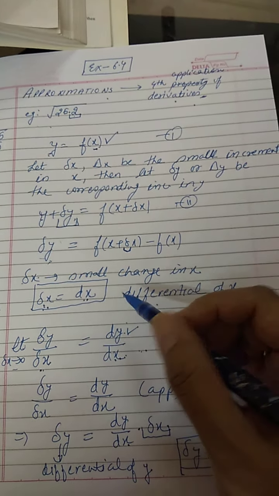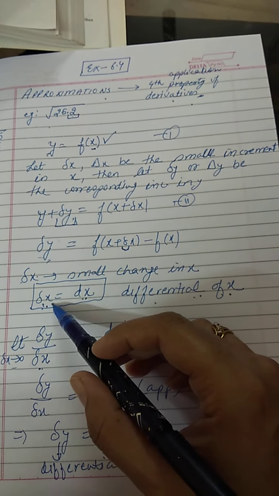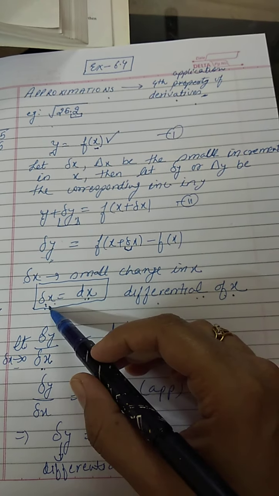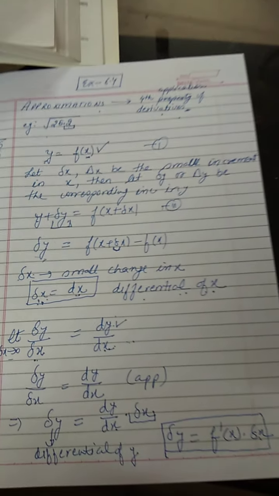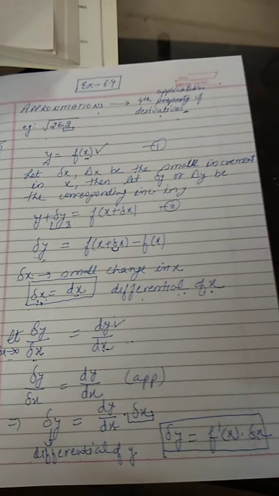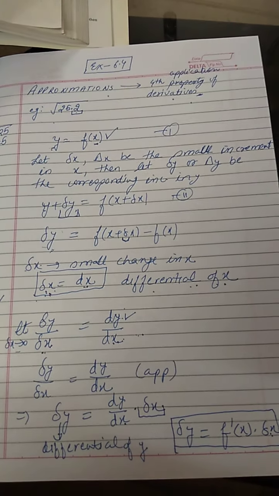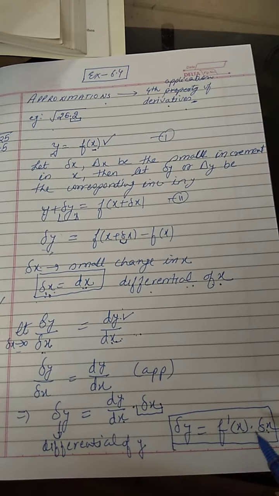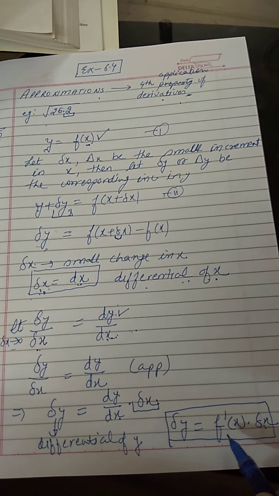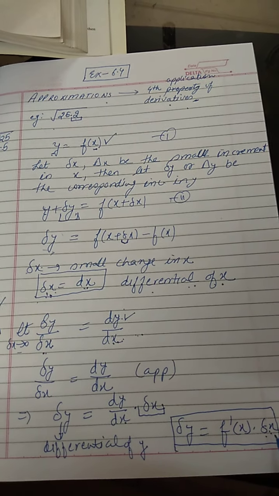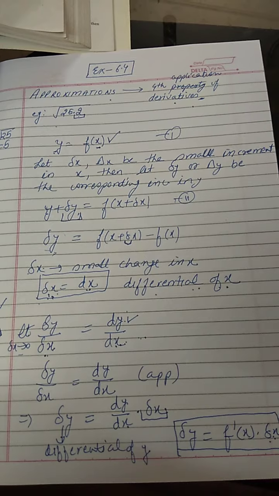If I have to find only change in x, it is del x or dx. But corresponding to this change, what is the change in y, that is the dependent variable? We have calculated that del y will be equal to f dash x into del x, right?